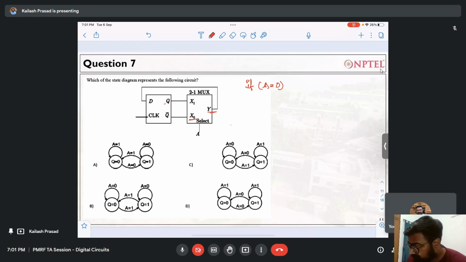Y is equal to x naught q1, right? So it's the same thing. And if A is equal to 1, Y is equal to q.